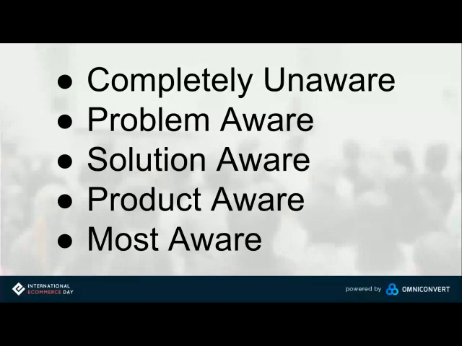In a market that is problem aware, they're only aware of the problem and nothing else. In a market that is solution aware, they are aware of the problem and the different solutions available to them. And in a market that is product aware, they are aware of the problem and the solution. They know your product. And in a market that is most aware, they're aware of what you offer and how it meets their needs.